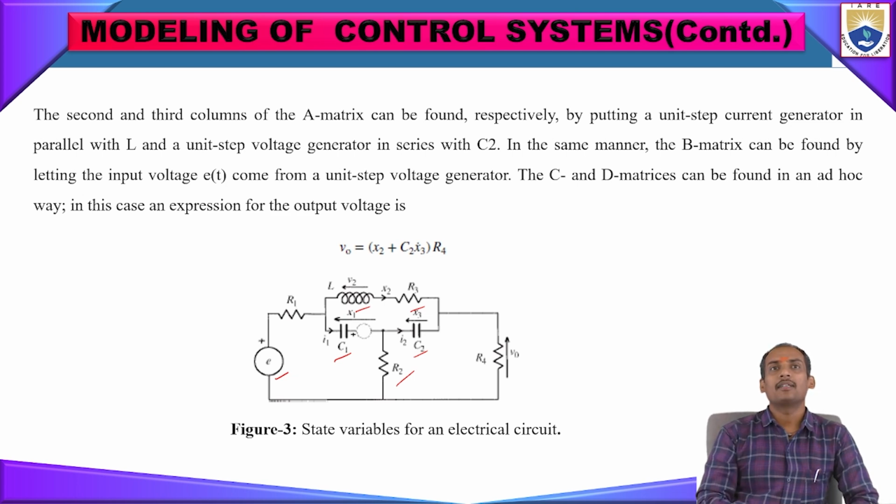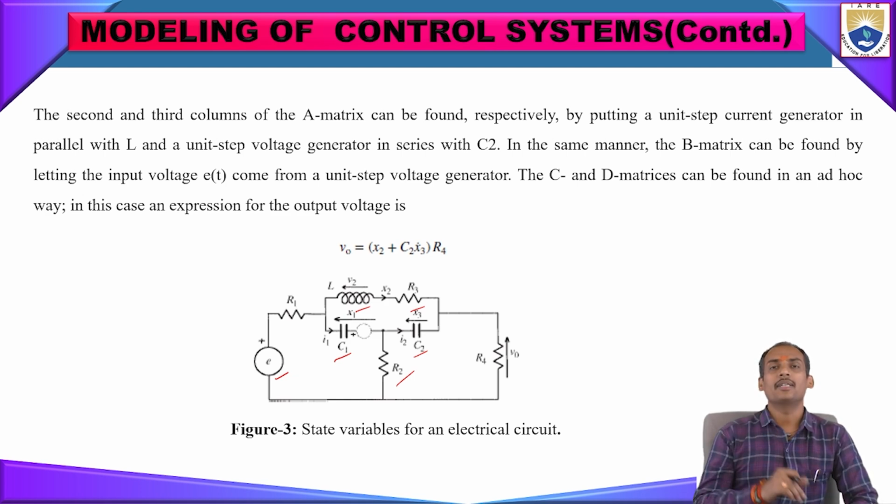In the second and third columns of the A matrix, if you remember the equations of motion, A matrix will be A equal to Si minus B, that is there, no?